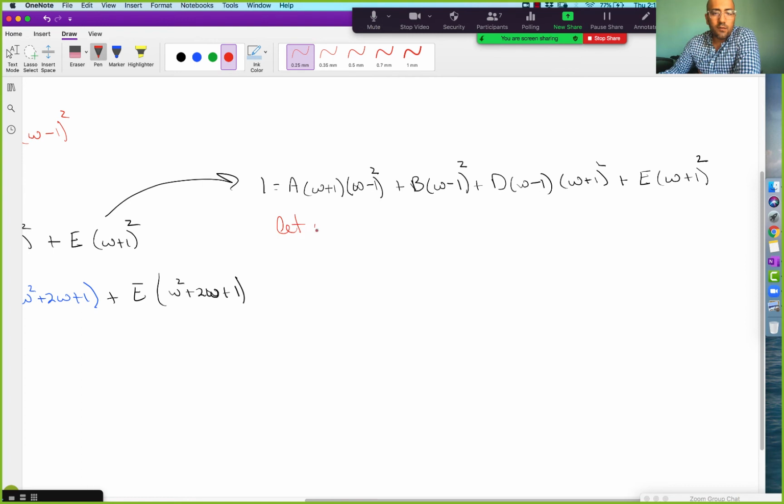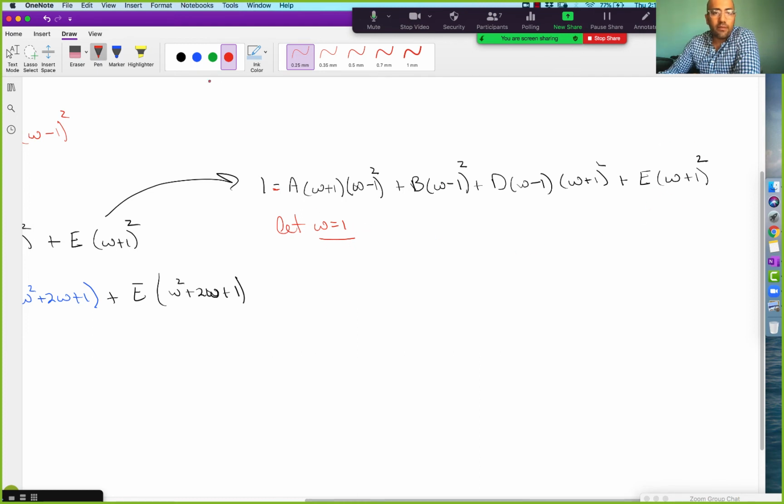Let w equal positive 1. Right? So if this is an equality, whatever happens, we get a new equation when w equals 1. So when w equals 1, lots of good stuff happens. This is going to turn to 0, this is going to turn to 0, this is going to turn to 0. Everything zeroes out. The only thing that survives is this term. Good.